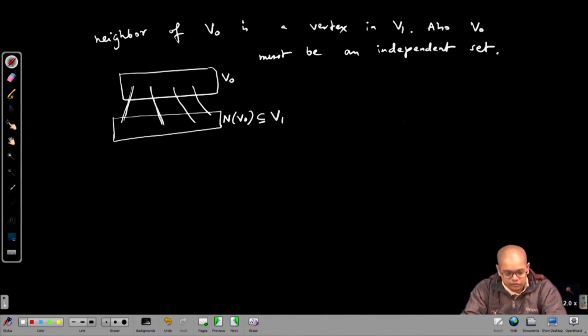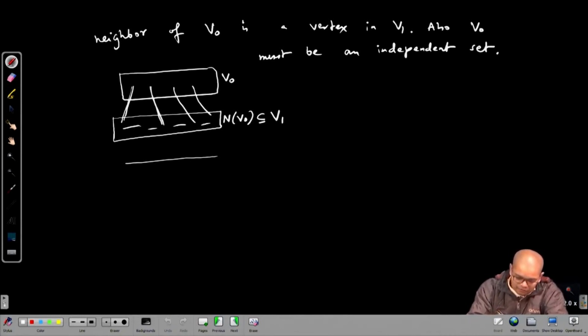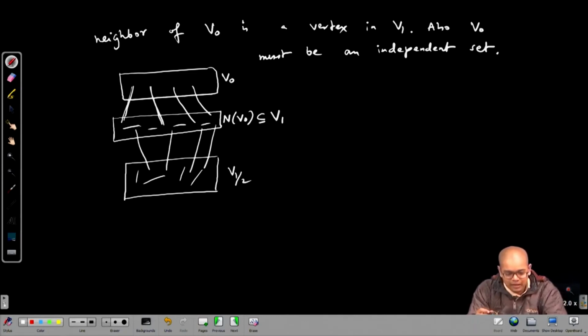Okay. Now, where are the edges? Of course, the edges within V1 are satisfied, because we have picked the entire V1, and here is V half. All the edges within V half are satisfied, all the edges across V1 and V half are satisfied, and all the edges between V0 and V1 are also satisfied.